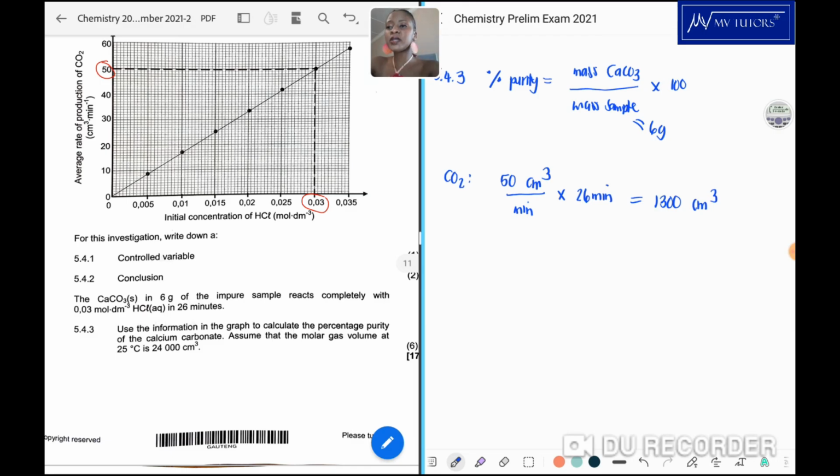Then they told us that the molar gas volume at 25 degrees is 24,000 cubic centimeters. When they say molar gas volume, that's actually 24,000 cubic centimeters per mole. It is the molar gas volume, so it is per mole. Please, guys, just note that.